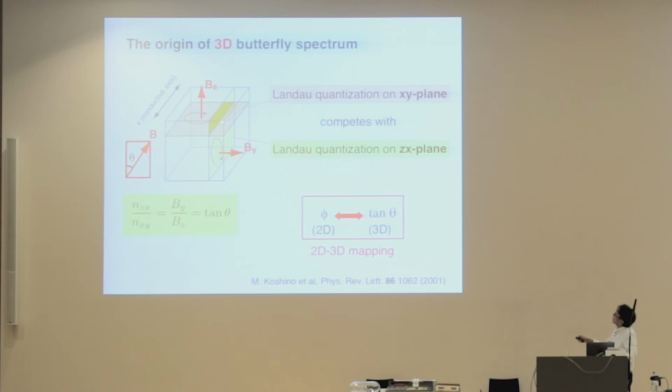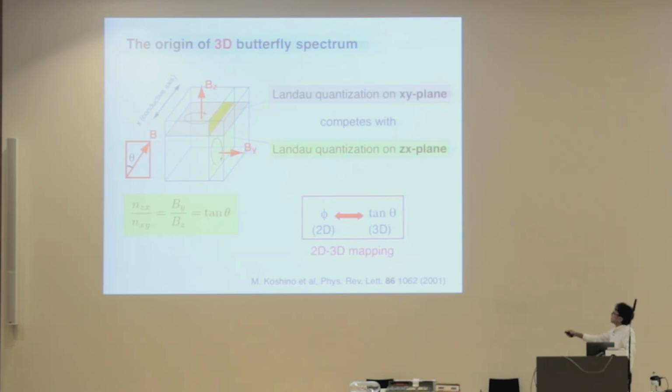So now the three-dimensional system is totally different. So this is a three-dimensional system. It's conductive in this direction, and they are weakly coupled. So we have some kind of 2D plane in here and here. And the magnetic field is tilted, so that we have two magnetic field components, one perpendicular to this plane, and the other perpendicular to that plane.